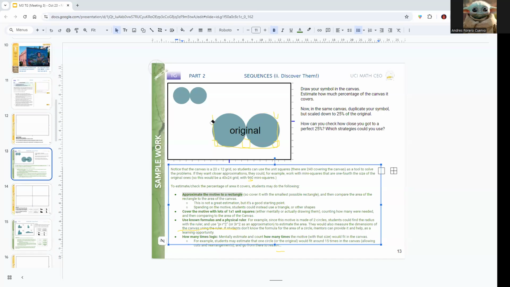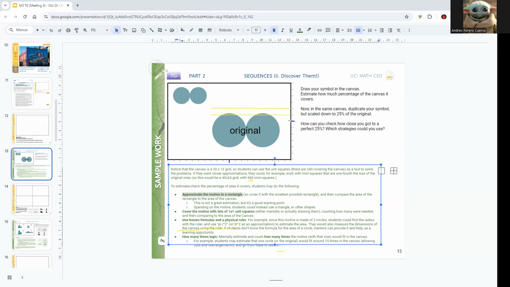What else could they do? Well, they could also cover the whole motive with lots of 1 by 1 unit squares. And in the homework, we have such a problem. So they would just use this grid. Let's use the line here and cover the whole shape with squares.